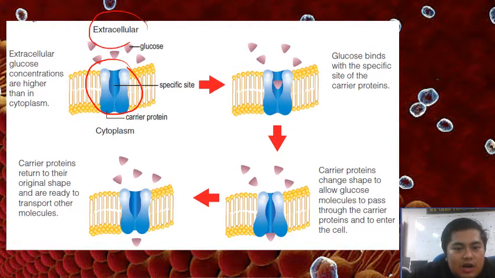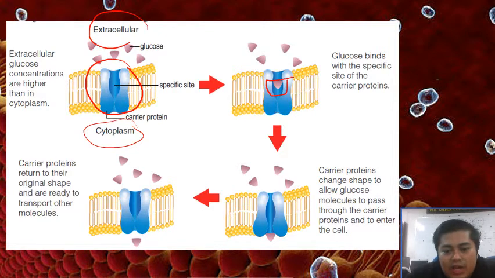So ini adalah luar dan ini ada dalam. Dalam kes ni dekat luar kepekatan dia lagi tinggi daripada dalam. So the glucose will bind to the specific site of the carrier protein. Dia akan melekat pada specific site dia tadi, dan carrier protein akan tukar bentuk. It will change shape to allow the glucose molecule to pass through the carrier protein and enter the cell. So lepas dia dikeluarkan benda tu, it will return to its original shape and be ready for the transport of other molecules pula.